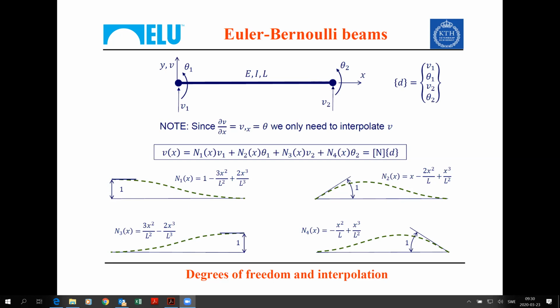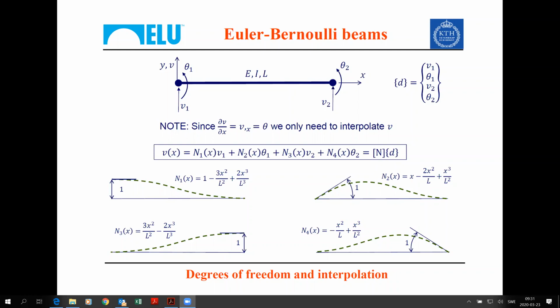So we will be allowed to use a polynomial which has 4 constants in its definition, and that would be a 3rd-degree polynomial: a0 plus a1 x plus a2 x squared plus a3 x raised to the power 3. And then we will determine the unknown coefficients in each shape function simply by taking into account the boundary conditions.